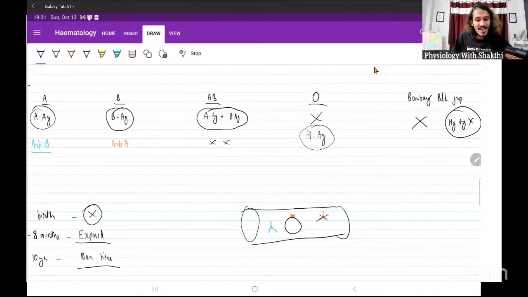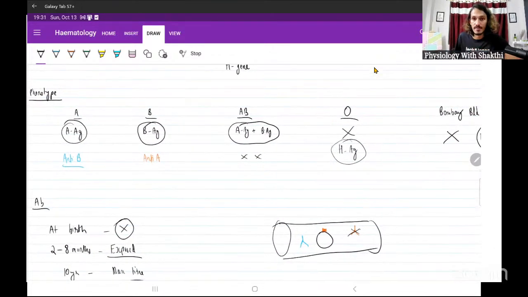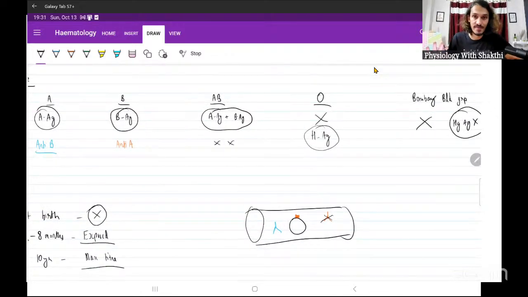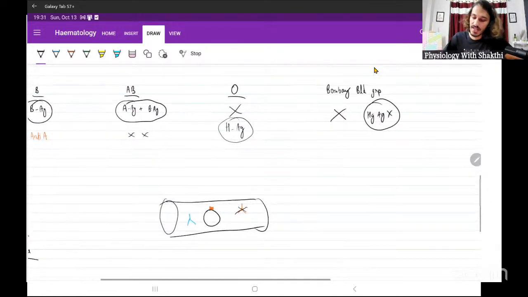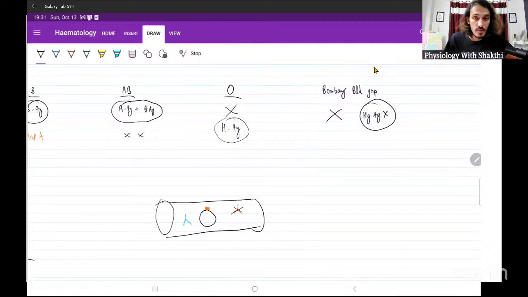This is only regarding AB blood group I'm talking about. Okay, I'm not complicating things by adding further things. On the other hand, an O blood group has no antigen. So that means the person will have anti-B and will have anti-A in the blood.